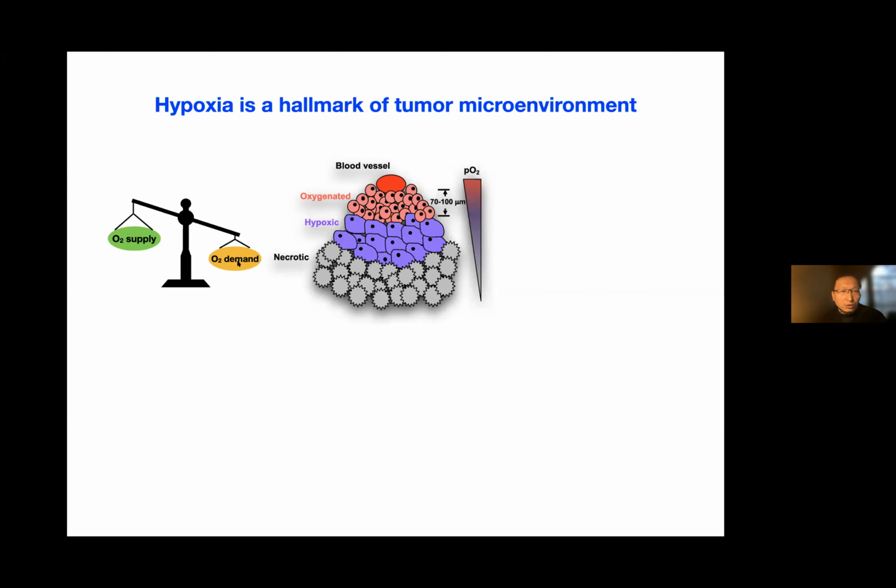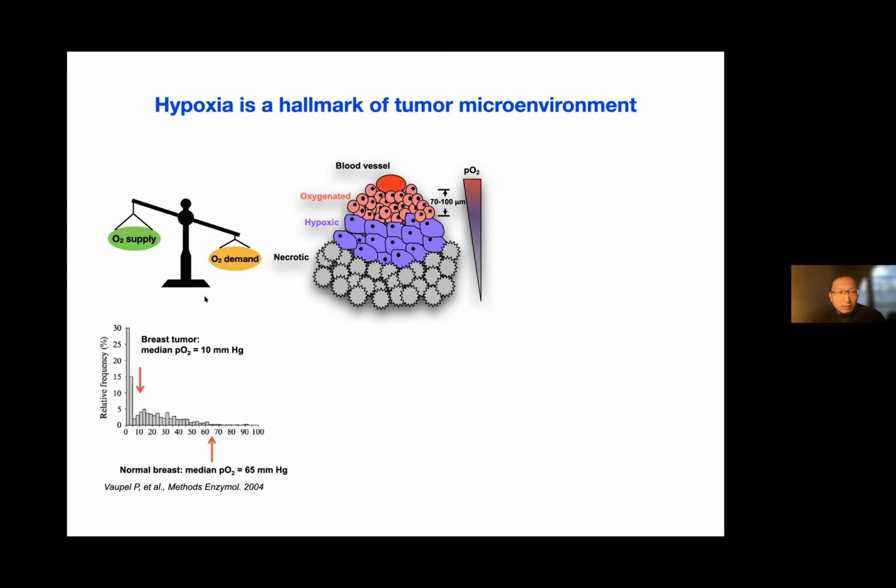So when oxygen demand exceeds oxygen supply, it causes hypoxia in the tumor. The area next to the blood vessel is relatively oxygenated, and the area far from the blood vessel is hypoxic. And there is also the necrotic region at the tumor center, which has no oxygen at all.